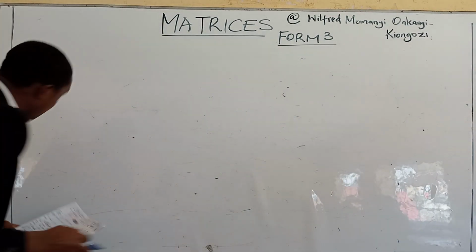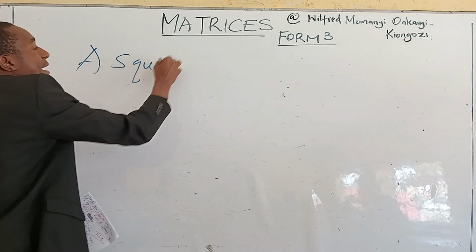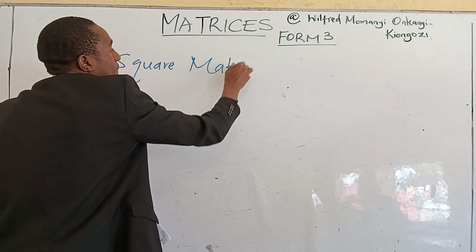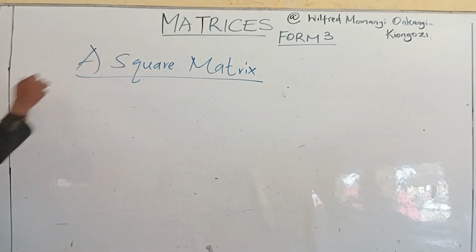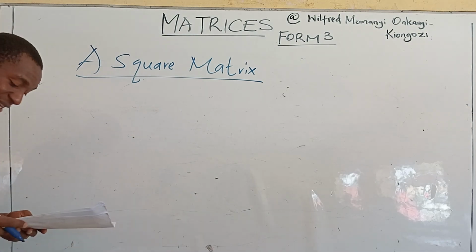A square matrix. This is a very simple matrix, and the one that I've given you in the form of letters is an example.